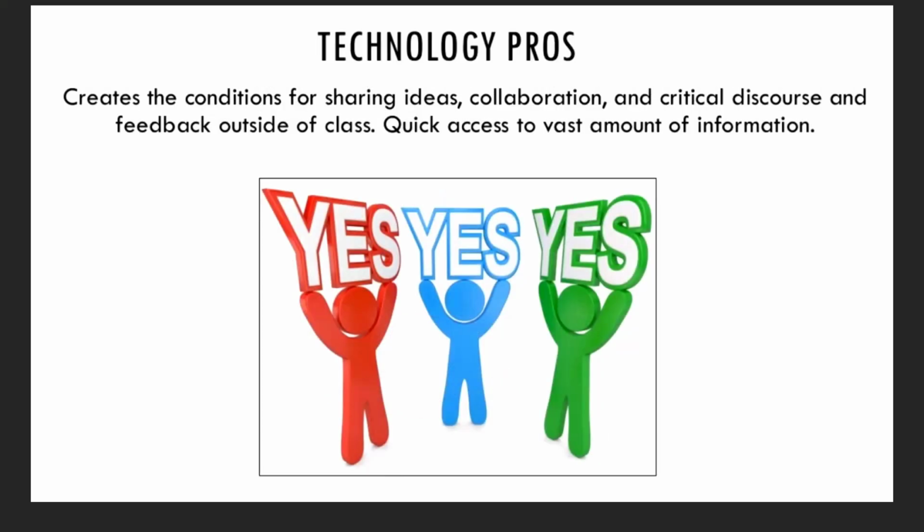Let's go over some of our pros here for using technology in the classroom. It's going to create conditions where we can share ideas easier, where it's easier to collaborate, and it's going to make it easier to share critical discourse and feedback outside of the classroom. It's going to allow us to do these different group activities and collaborative learning environments when we're not necessarily together physically inside the classroom.